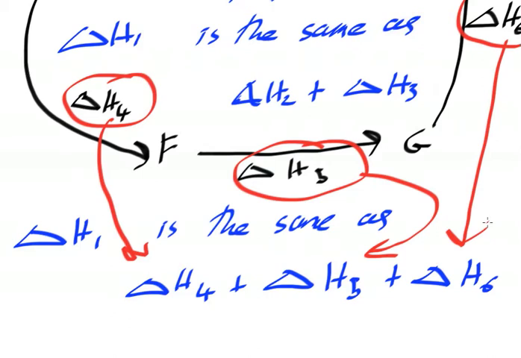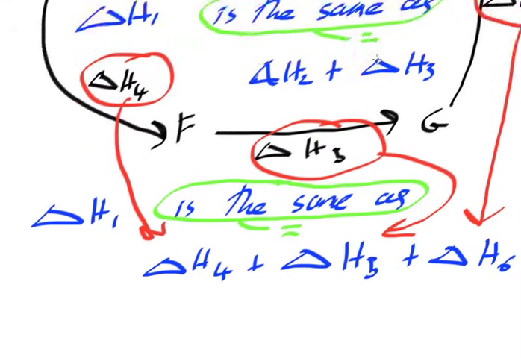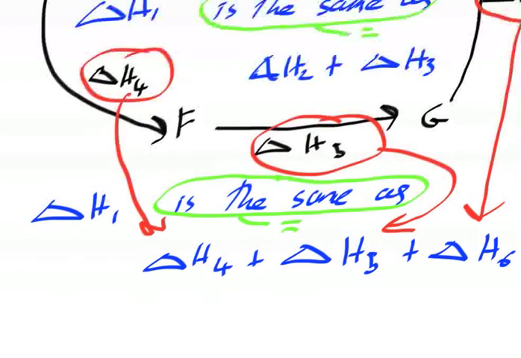Okay, and the step to turning this into something more like maths is to realize that these "is the same as" statements we just write as an equal sign. So if we were to continue the example, let's do it in red.